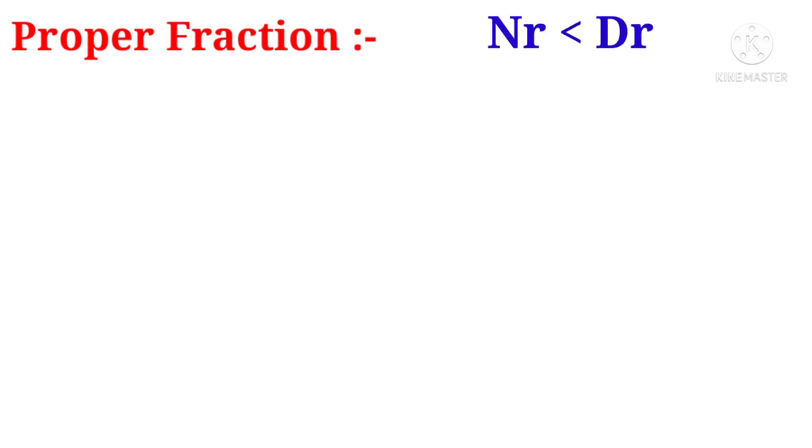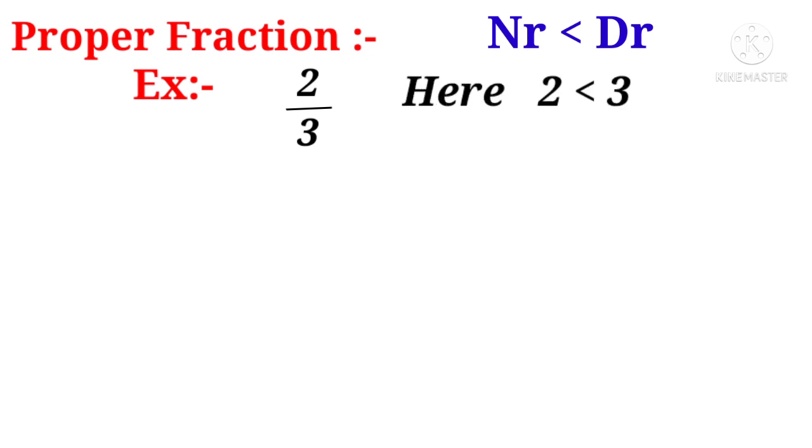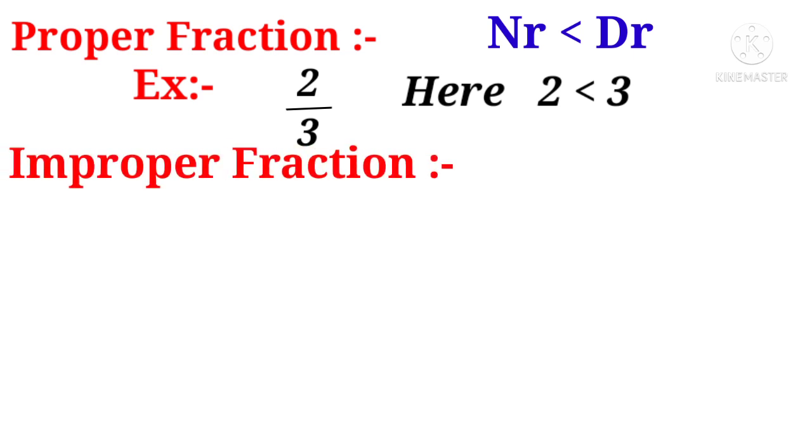Now let us learn what is a proper fraction. If numerator is less than denominator, then it is a proper fraction. Let us take an example. 2 by 3. Here numerator 2 is less than the denominator 3. So 2 by 3 is a proper fraction. Now improper fraction. A fraction in which numerator is greater than denominator.